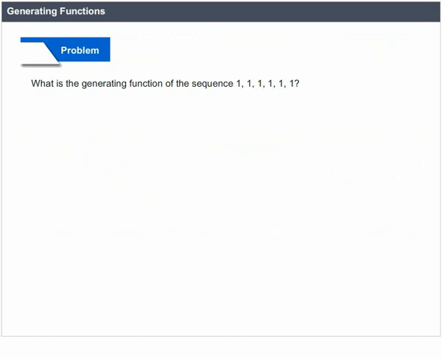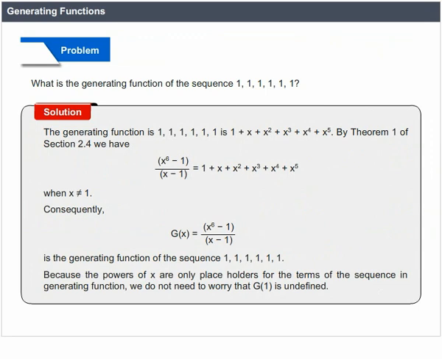Solution. The generating function of 1, 1, 1, 1, 1, 1 is 1 + x + x^2 + x^3 + x^4 + x^5. By Theorem 1 of Section 2.4, we have (x^6 - 1)/(x - 1) = 1 + x + x^2 + x^3 + x^4 + x^5 when x is not equal to 1.